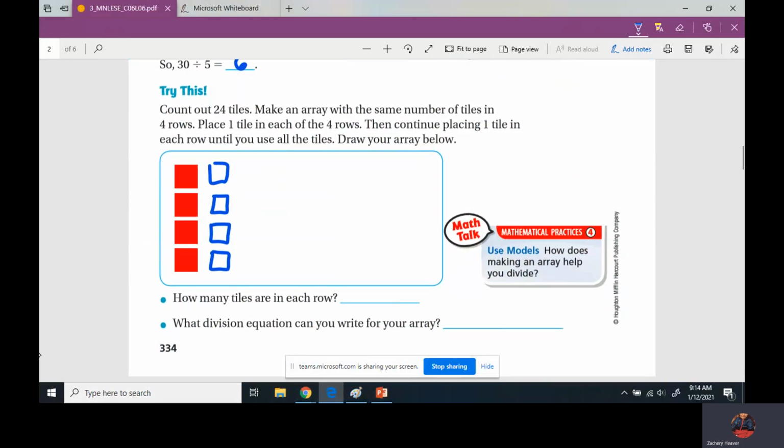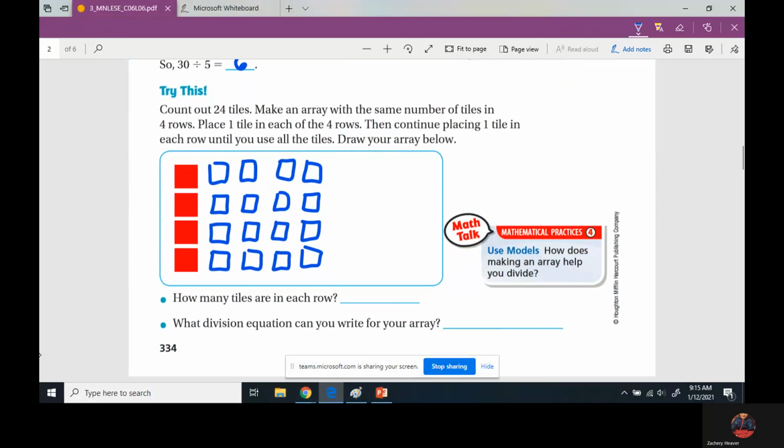We're not at 24 yet. 9, 10, 11, 12, 13, 14, 15, 16, 17, 18, 19, 20, 21, 22, 23, 24. So now look, we have 4 rows, and 1, 2, 3, 4, 5, and 6.